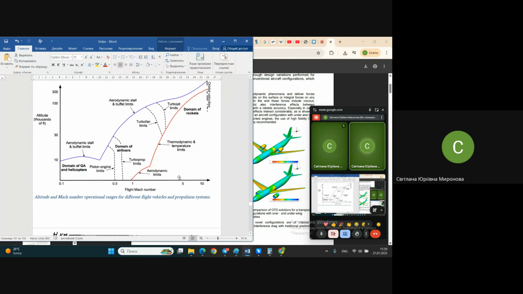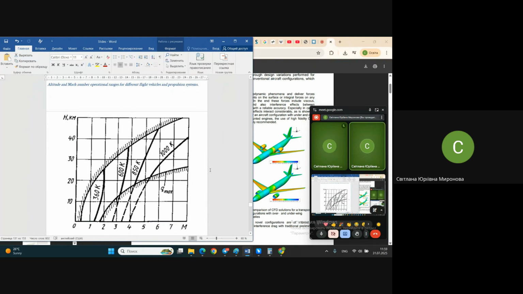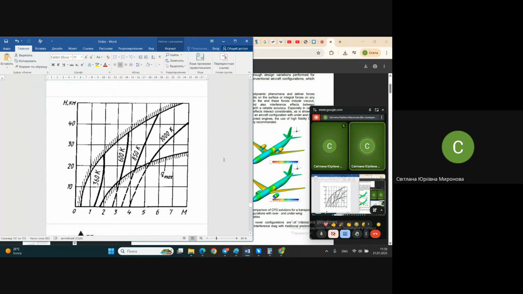Now, as I said, first let's see these diagrams of aircraft existence, and there are different areas of what is outside of this curve. I hope you do remember. It means flight is not possible there, whatever propulsion system we are going to use, for instance, because of lack of lift.